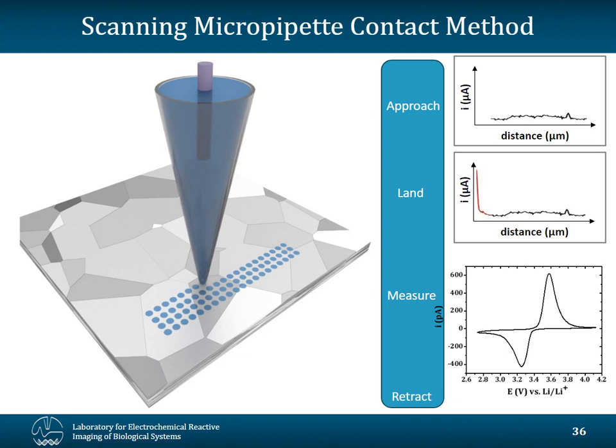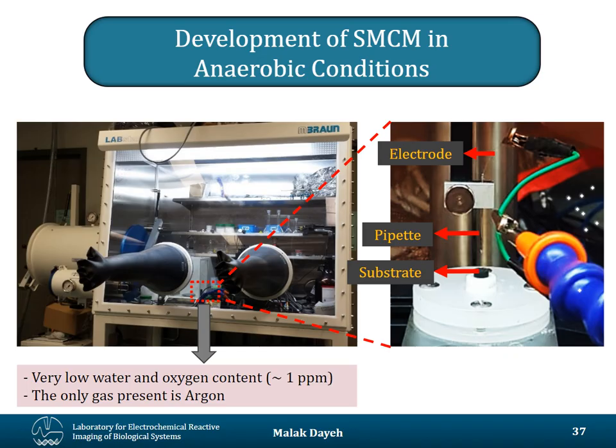So it allows you to perform large matrix scans over millimeter scale, and acquire an enormous amount of data. And in this case, because it was battery work, of course, the entire system had to be put under anaerobic conditions in a glove box.